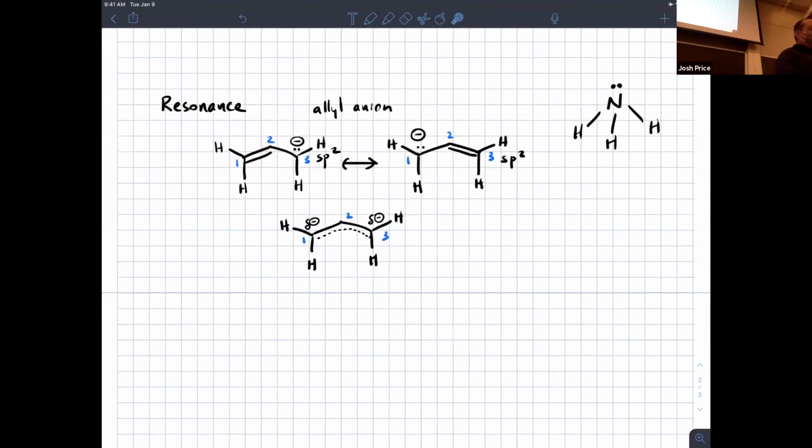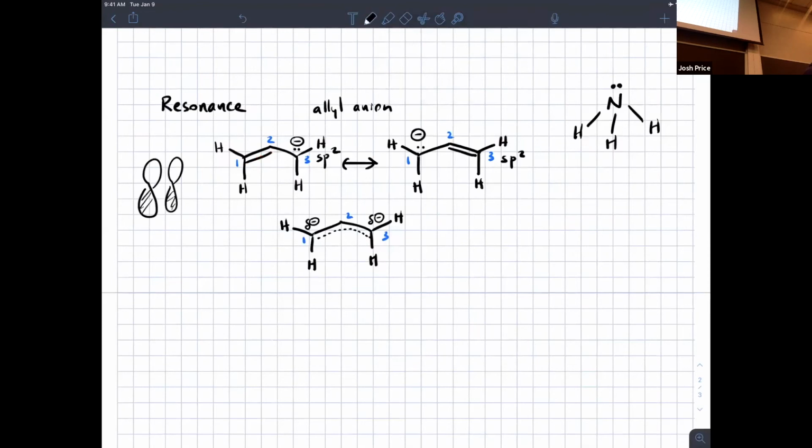All right. So if we were going to take a valence bond theory approach, we would say the pi bond between 1 and 2 comes from which atomic orbitals? The 2p orbitals, right? And that's side to side overlap to create a pi bond, right?